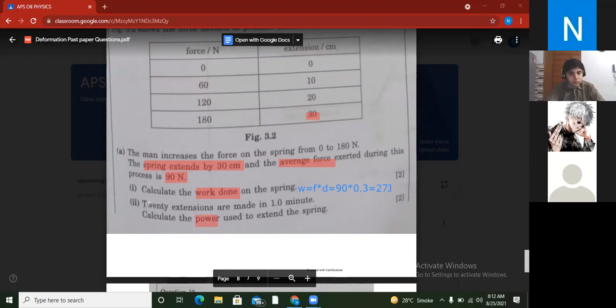What is the formula of power? Power is equal to work divided by time. Work divided by time. Okay, work means force times distance, divided by time.